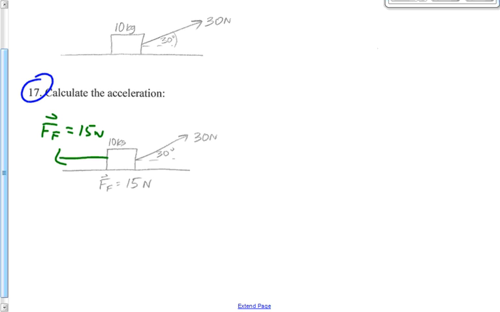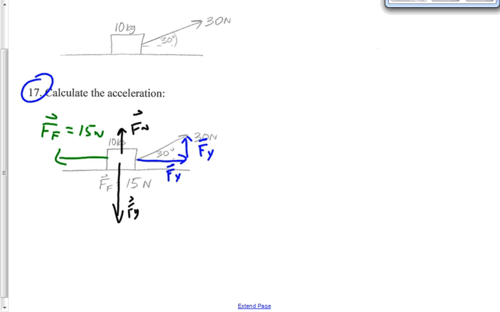Now, we also have a force of gravity acting down. We also have a normal force acting up, and we have an x component and a y component of the 30 Newton applied force.